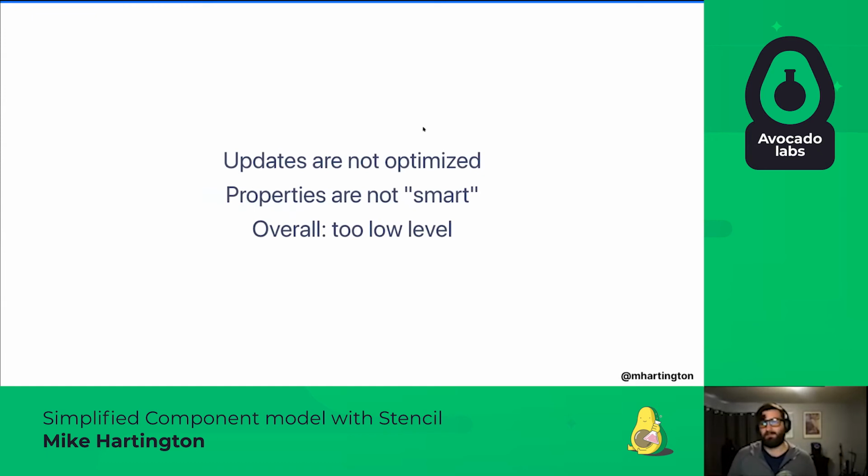Properties are not smart, meaning that unless you set up an actual observer to observe changes on a property, you're not going to automatically have that reflected onto the element. So this is something that you need to manage, which, cool, I guess I can, but it's just not something I really want to do. And yeah, the overall message is they're just very low level, too low level for myself.